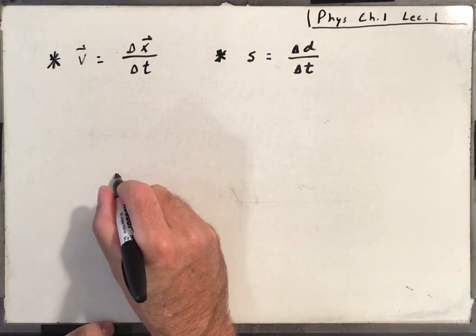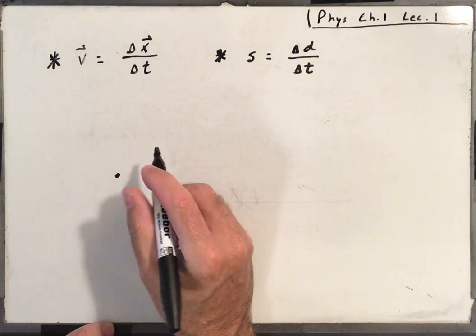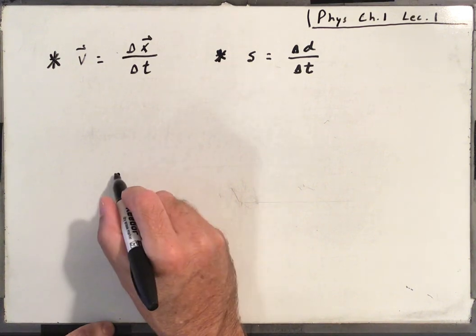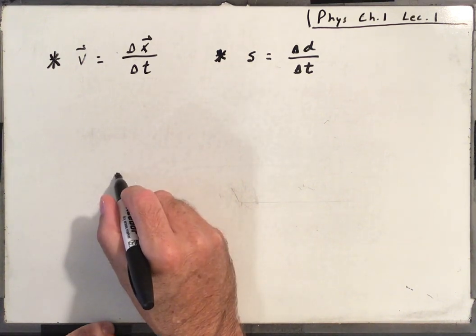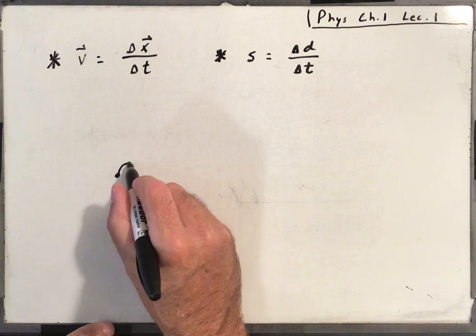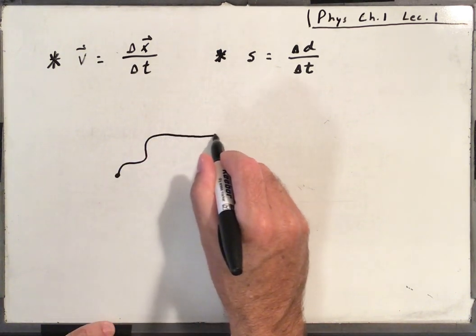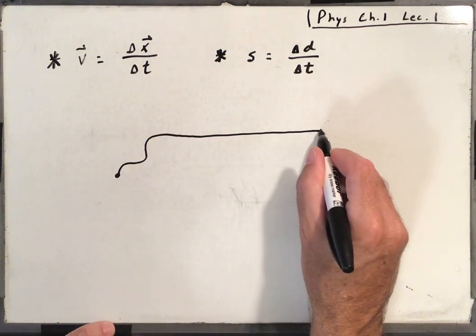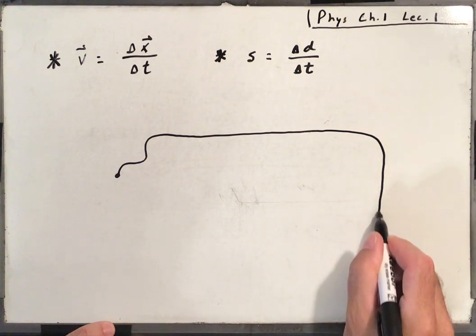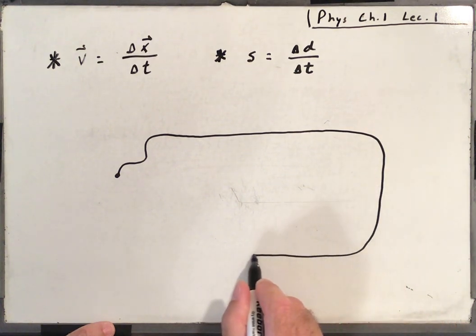So the path, let's say our start is right here. You don't have to draw it on your paper exactly like this, but you can do it roughly like this. So you start out like this, and we come around like this in kind of a big loop.